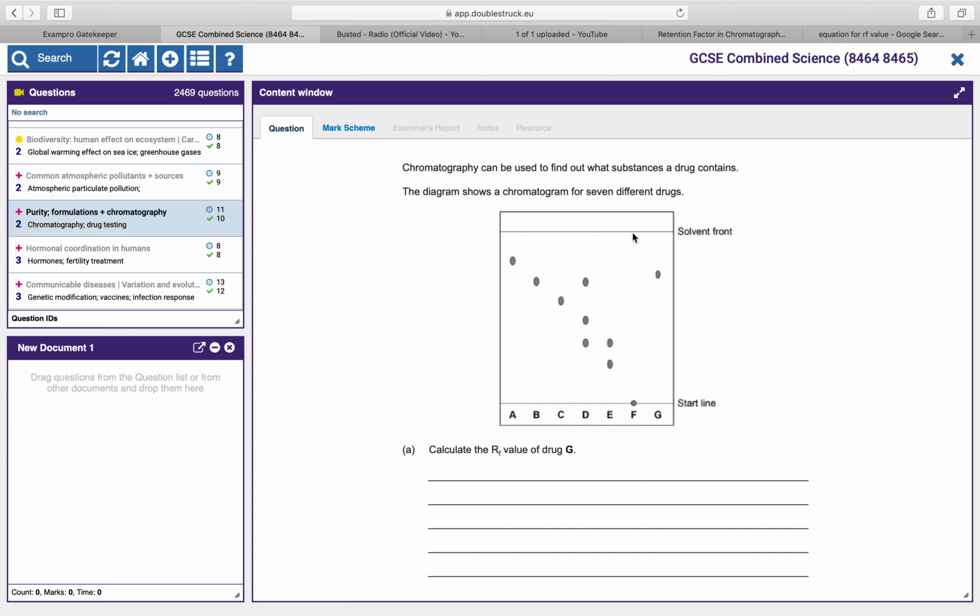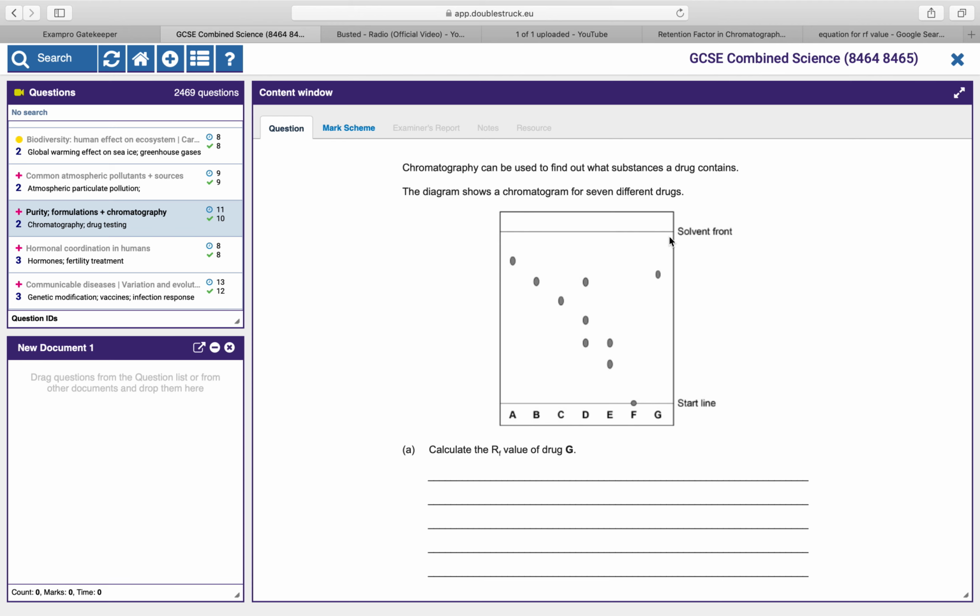Okay, so calculate the RF value of drug G. What you'd actually do is use a ruler and measure the distance from the baseline to that point there, and divide it by the distance from the baseline all the way to the solvent front.